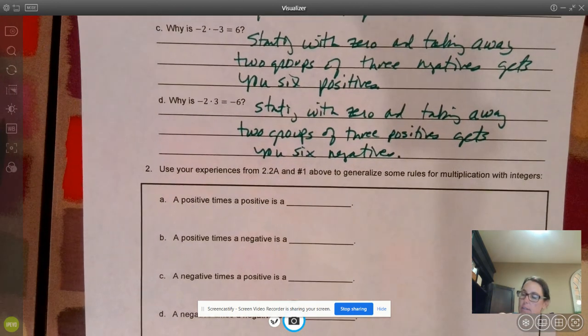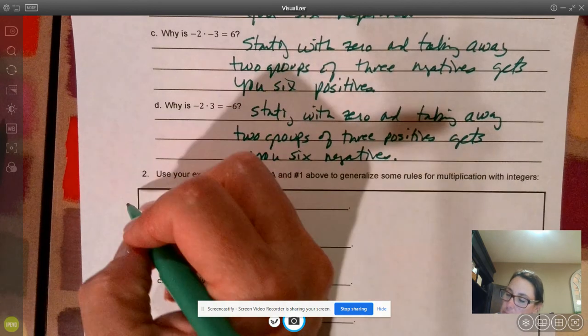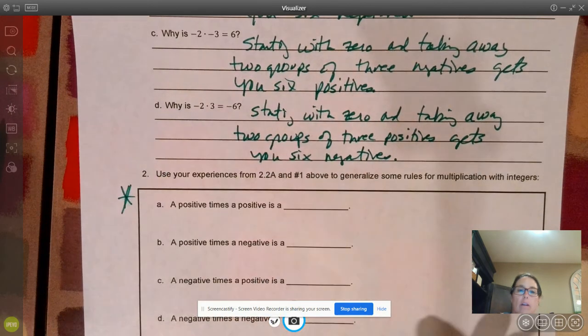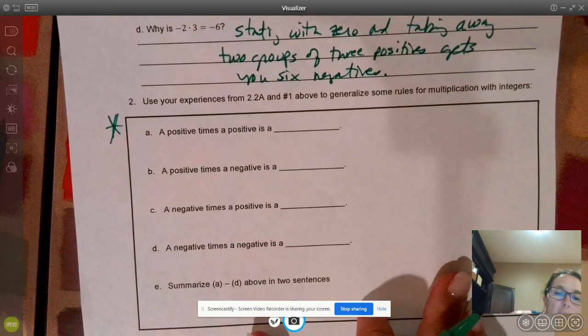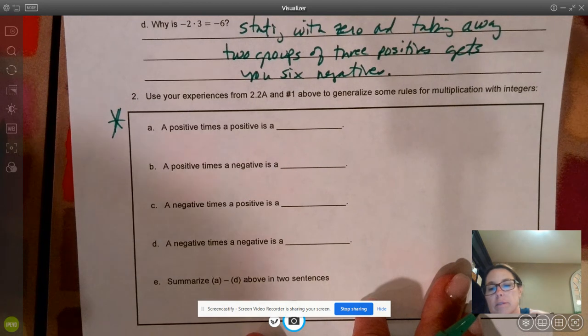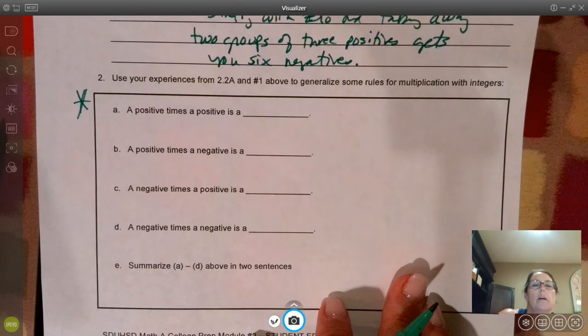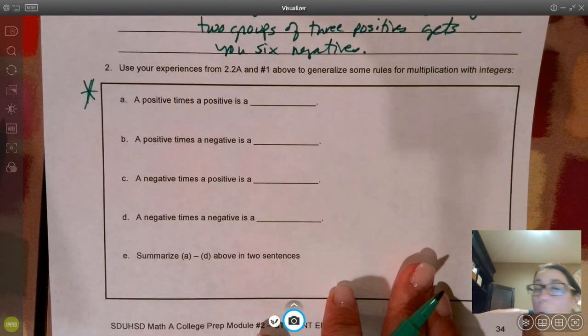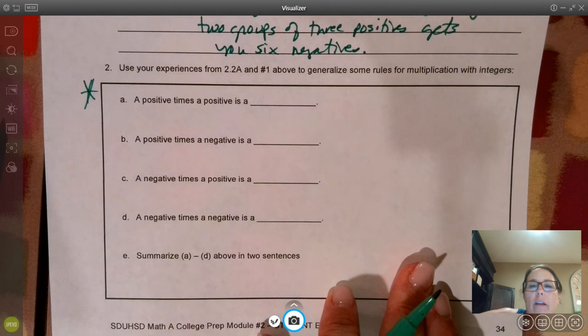Now that we've been through the why behind everything with tiles and chips and number lines, you need to understand these rules.